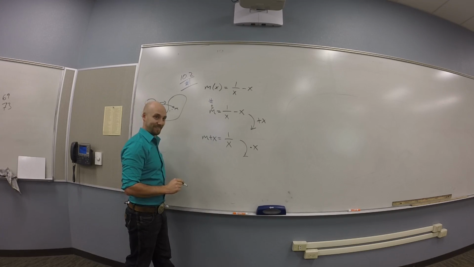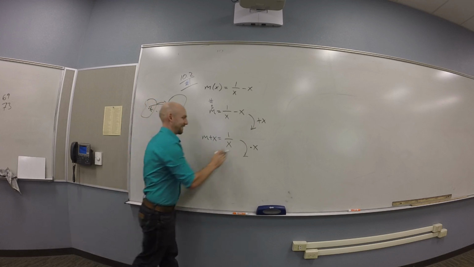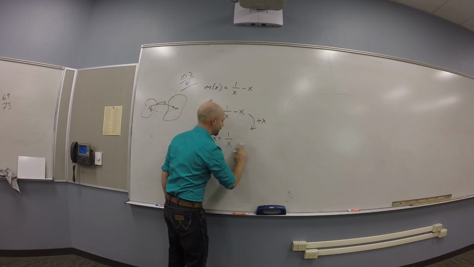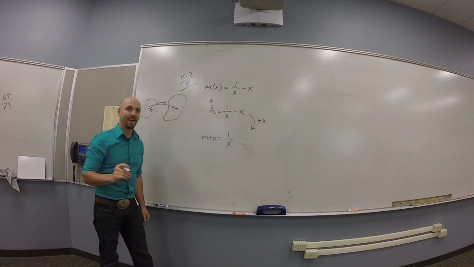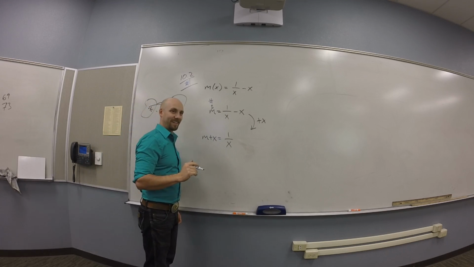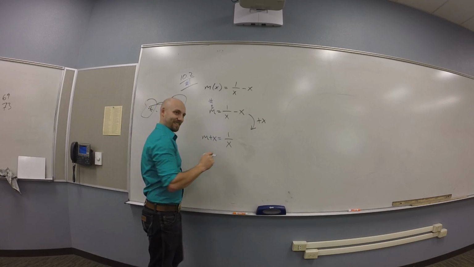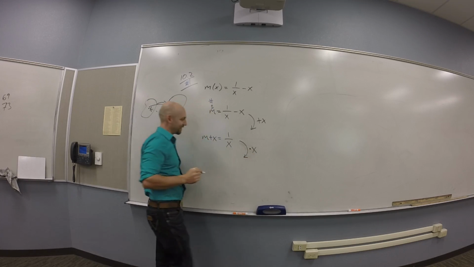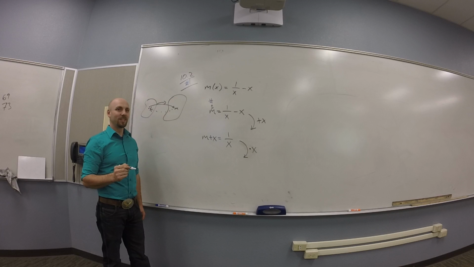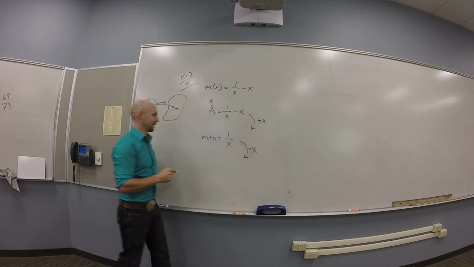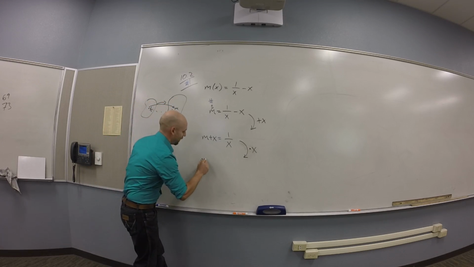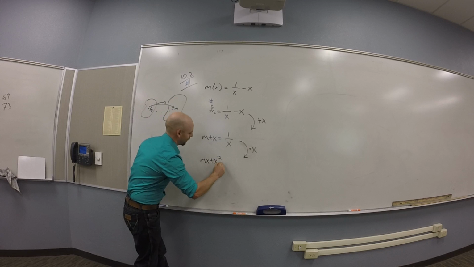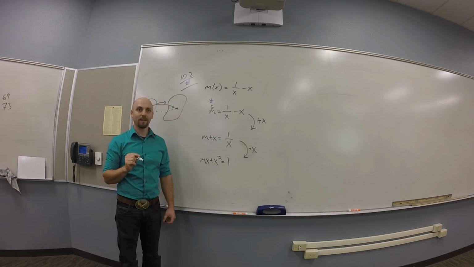What do you want to do, Mika? Levi was trying to do x over x, and he was just trying to make it more complicated. Okay, so if I multiply through by x, I get mx plus x squared equals 1, right?